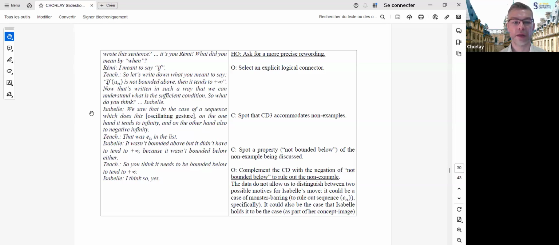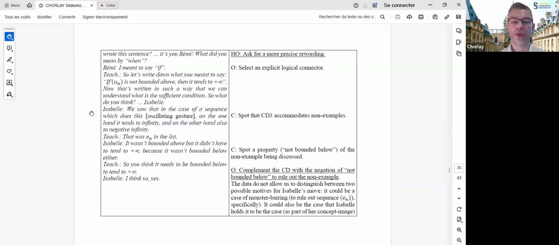What do you think, Isabel? We saw that in the case of a sequence which does this, she does the oscillating gesture, on the one hand it tends to positive infinity, and on the other hand it also tends to negative infinity. That was E in the list. It wasn't bounded above, but it did have to tend to positive infinity because it wasn't bounded below either.